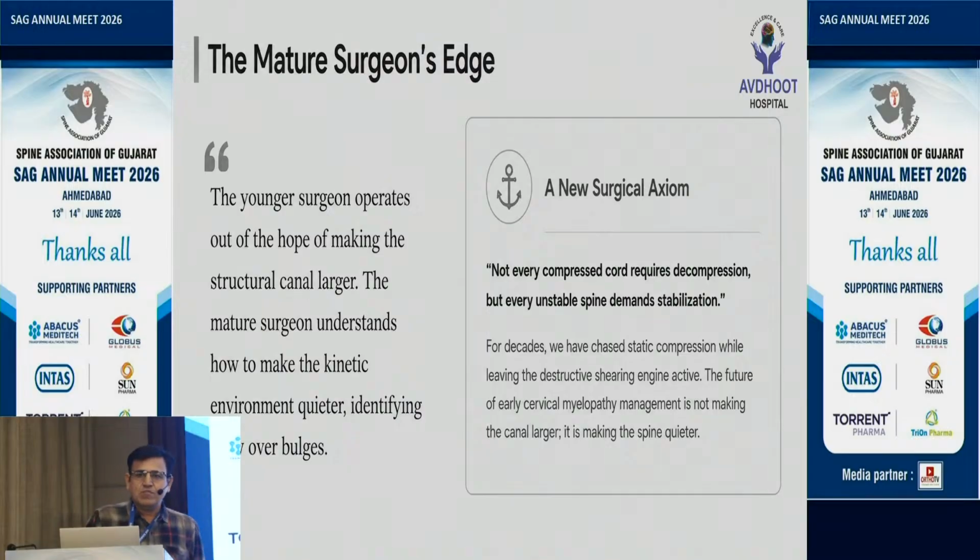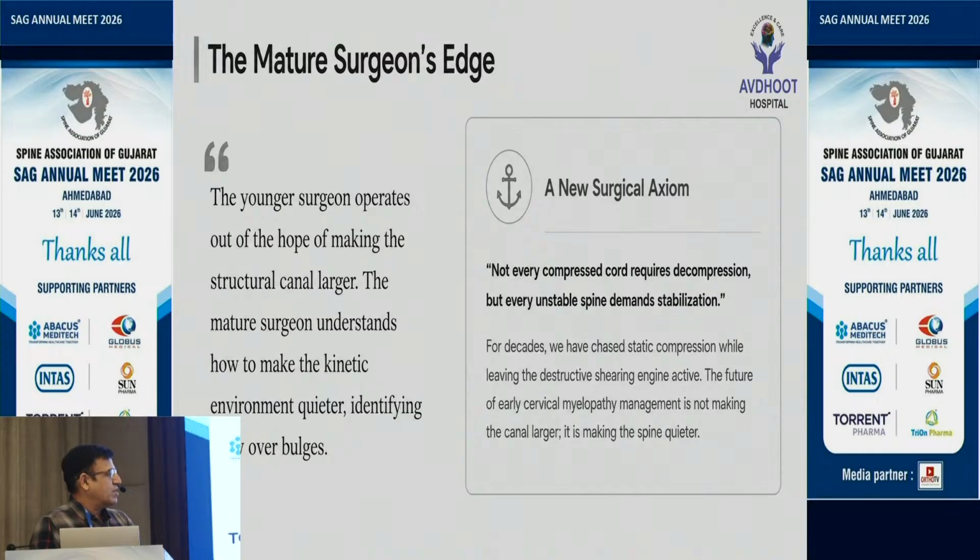So I believe the younger surgeon always sees the bulge, disc and all this, and tries to make the canal larger. But a mature surgeon can identify the sag in the spine and tries to make the spine quieter. So not every compressed spinal cord requires decompression, but every unstable spine requires stabilization.